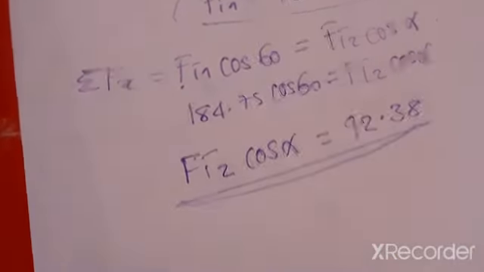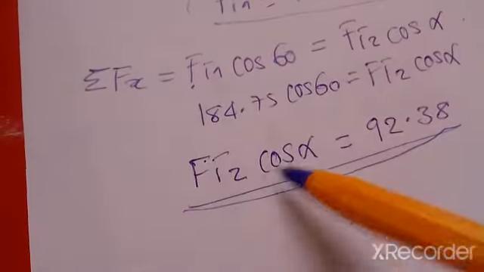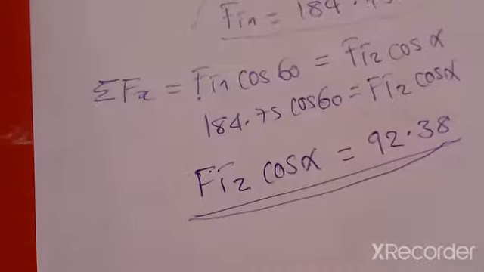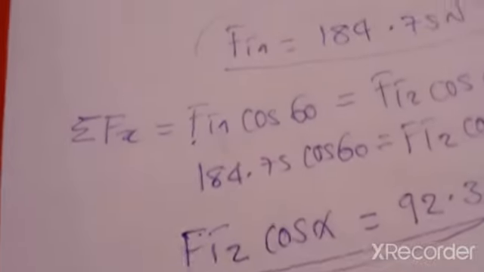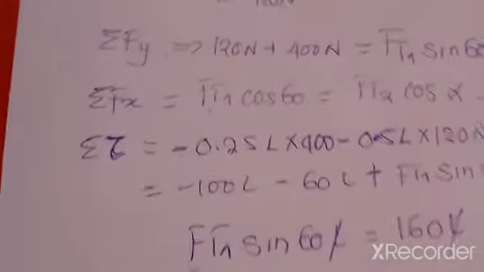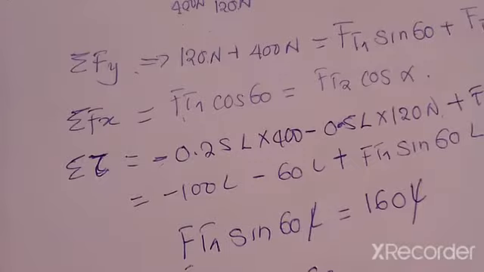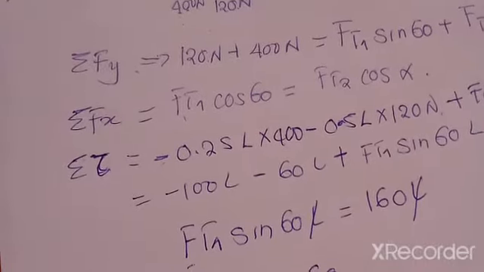We still don't know what ft2 is, and we don't know what alpha is. We have got a task of finding out what alpha is. So to find alpha, we can go back to the summation of forces in the y-axis. Perhaps that will be able to help us. Okay, so we have got 400 plus 120 newtons. Okay, I can write it again.